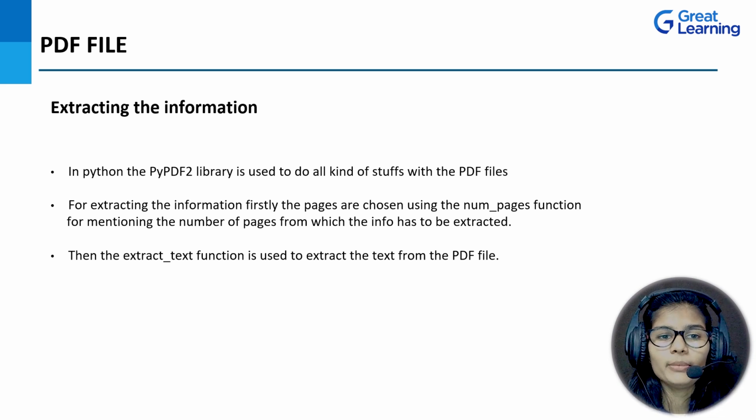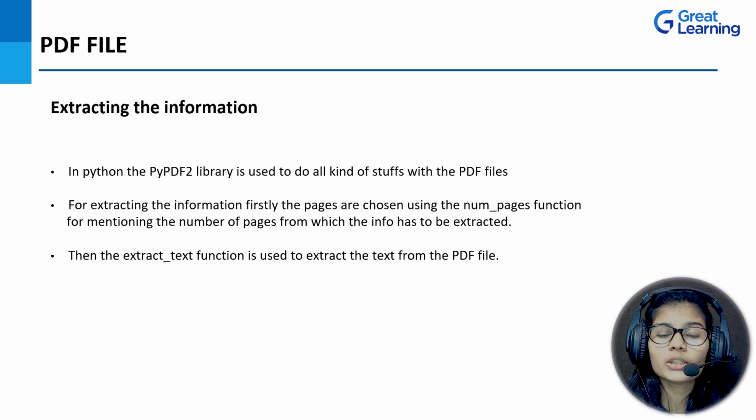So in Python, the PyPDF2 library is used to do all kinds of things with PDF files that I already mentioned, right? Next, whenever you want to extract information, firstly the pages are chosen, that is, from which page you want to extract the information.